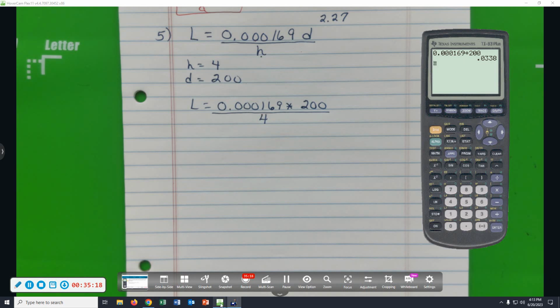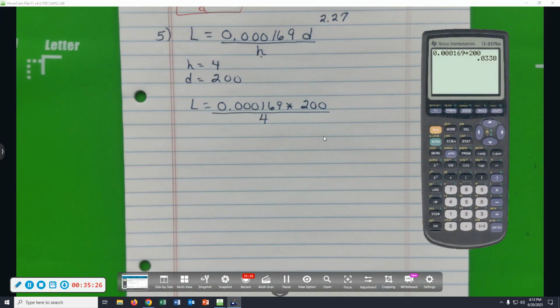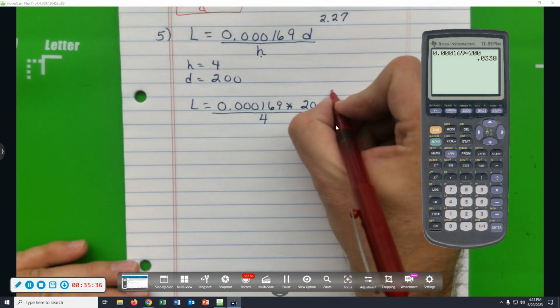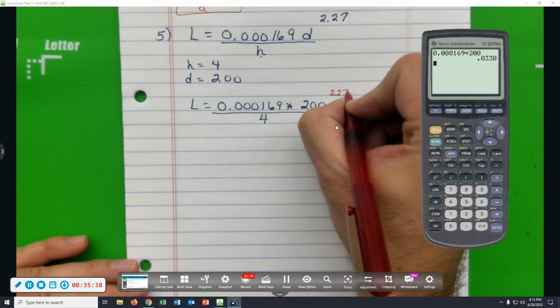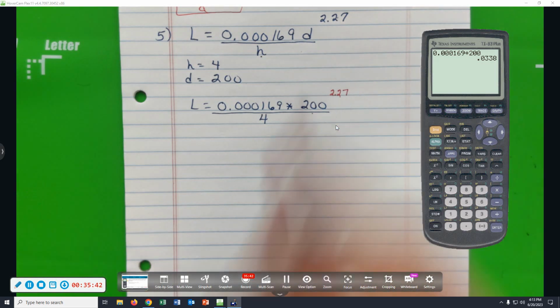I'll see what I did wrong. It should be D to the 2.27 power. And right here, see, I didn't even see that 2.27 when I was plugging in. Okay, so there should be, let me put this in red, 2.27. D to the 2.27 power.